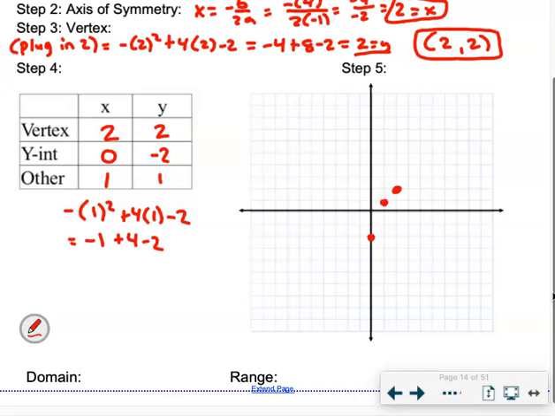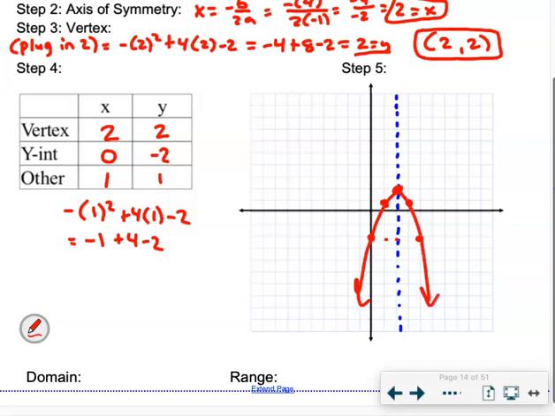The axis of symmetry goes right down the middle here, right down the middle of the vertex. The vertex does not get reflected, but this point, which is 1 away from the blue line, I need to reflect over to this side of the blue line. This red point, the y-intercept, is 2 away from the blue line, so my other point will also be 2 away, and now I can make my parabola from there.